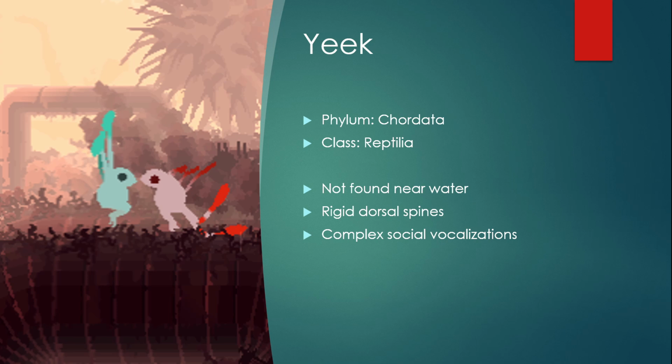Alright, next up are yeeks. Yeeks I believe to be members of phylum Chordata and class Reptilia. They're not found near water usually. They have rigid dorsal spines, and they have more complex social vocalizations than most amphibians have.